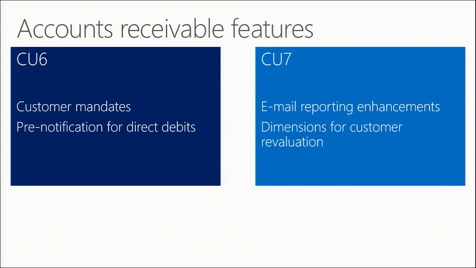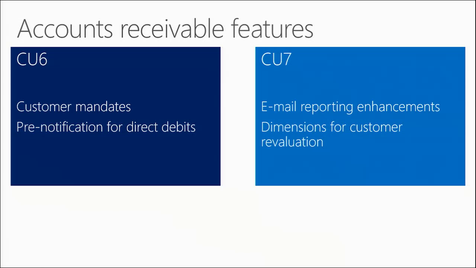And then one other thing which I didn't show is a new feature around the dimensions used specifically for the customer revaluation. The customer revaluation, of course, you have an accounting entry that gets created for your unrealized gain or loss. The accounts receivable side of that accounting entry always went and pulled the dimensions from the invoice, specifically from the accounts receivable account on the invoice.